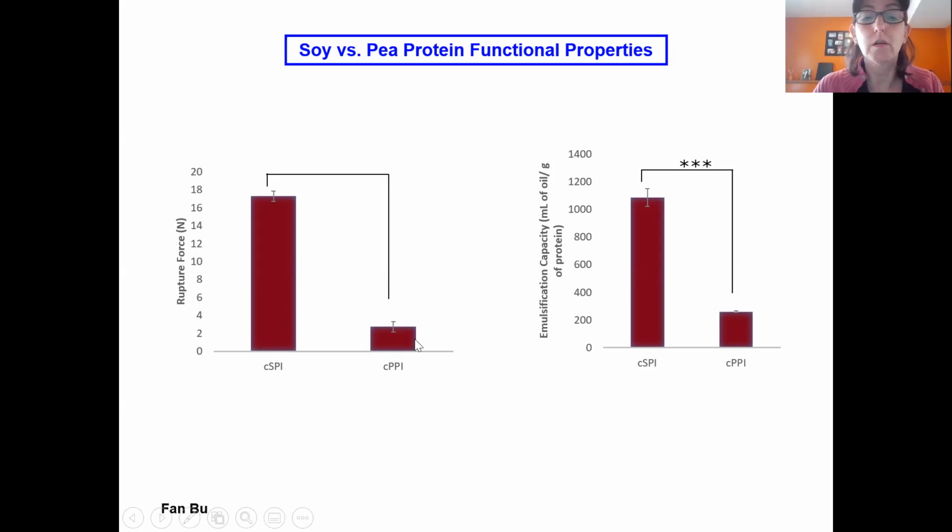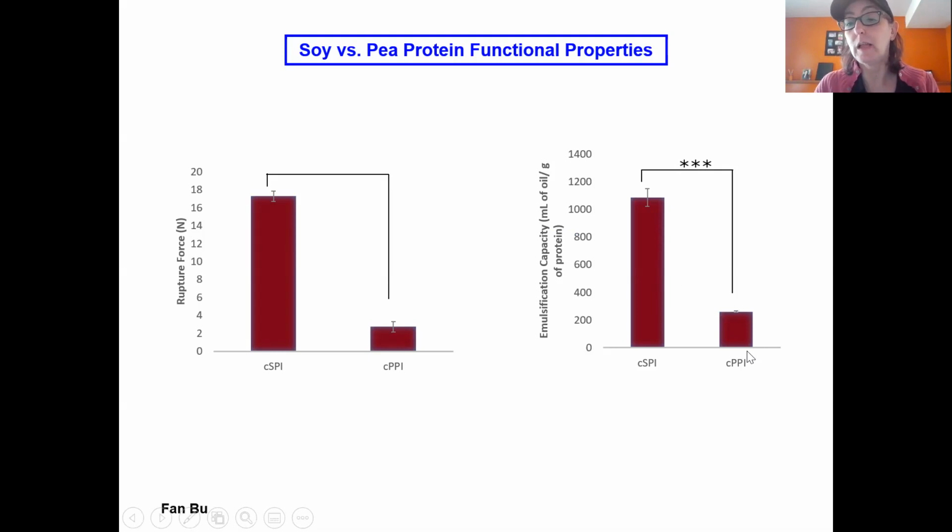This pea protein isolate gel is formed at 20% protein, and this one at 15% protein, but the soy still shows much higher rupture force, that means much higher gel strength. In terms of emulsification, the soy isolate also has much better emulsification properties than pea in this case.